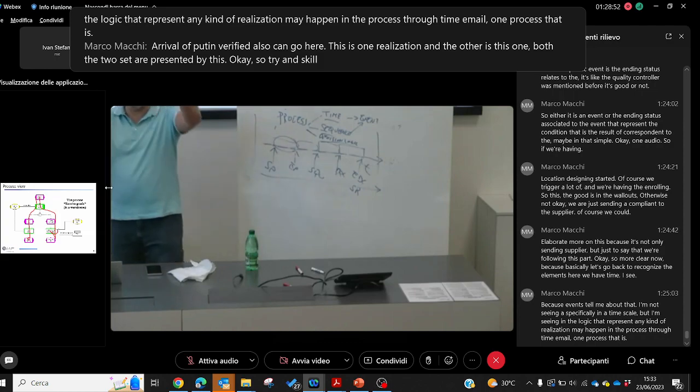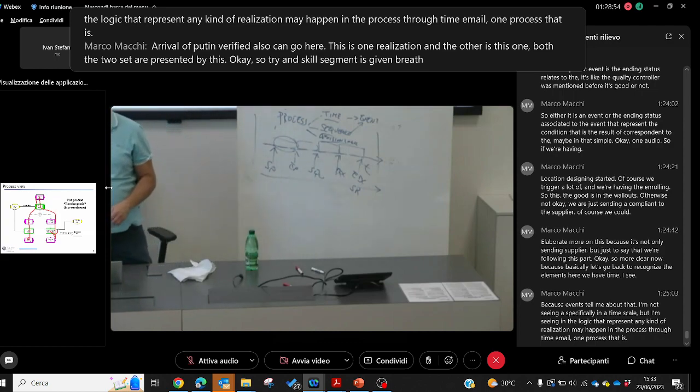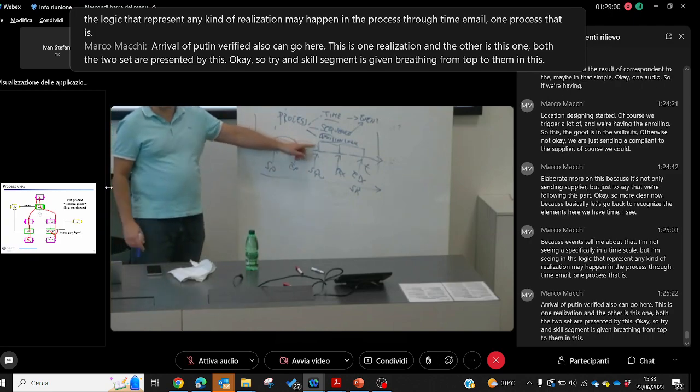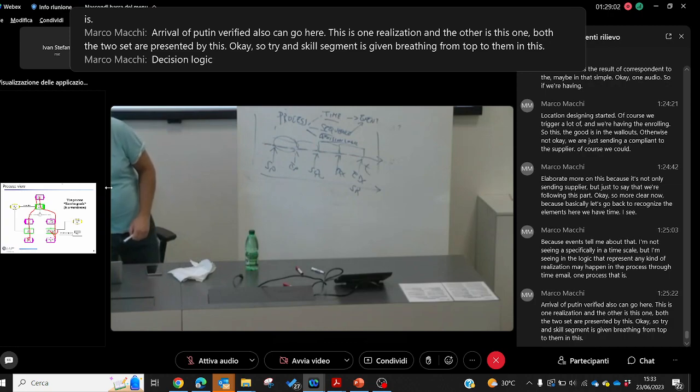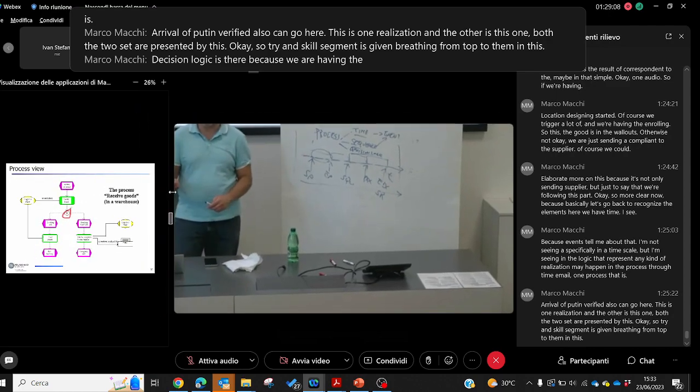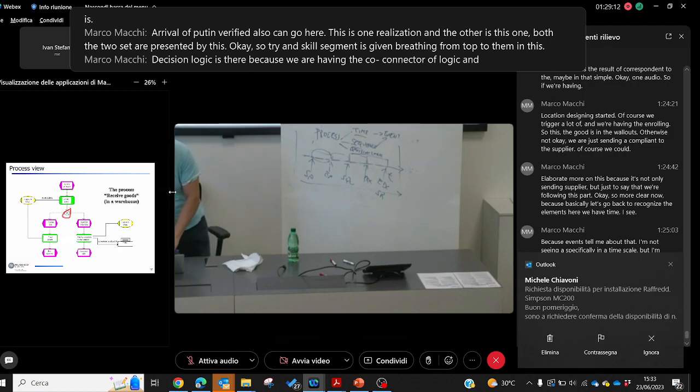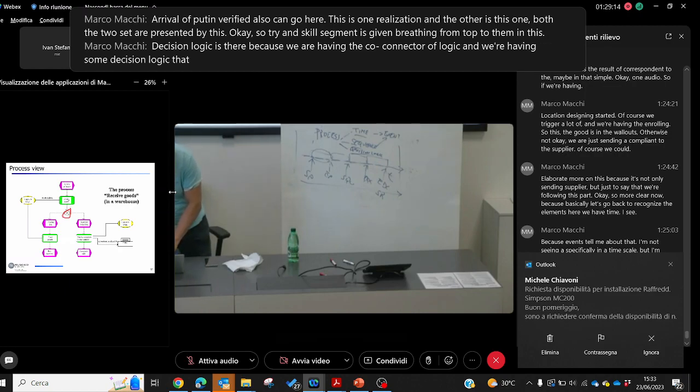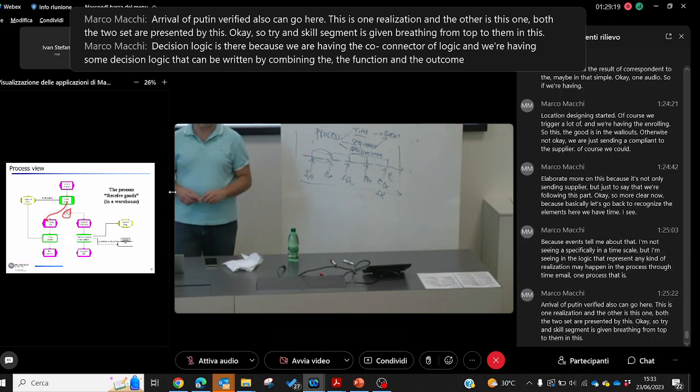Sequence is given. I'm reading from top to down in this representation. Vertical sequence. And decision logic is there because we are having the connector logic, and we have some decision logic that can be written by combining the function and the outcome, which is data entry.